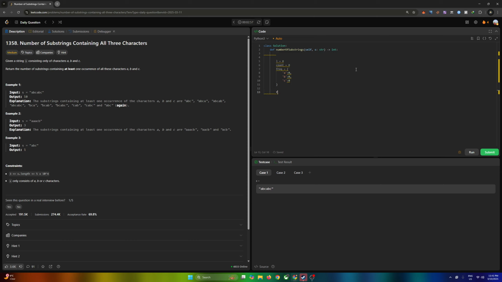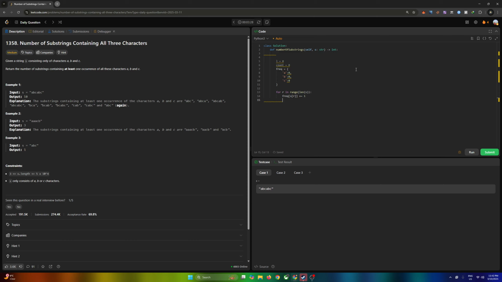Now we want to take a for loop and we will go for right, and we will want to go till the end. So this is the end of the for loop, and whenever we encounter a character at that R index, that means we want to increase the frequency for that.